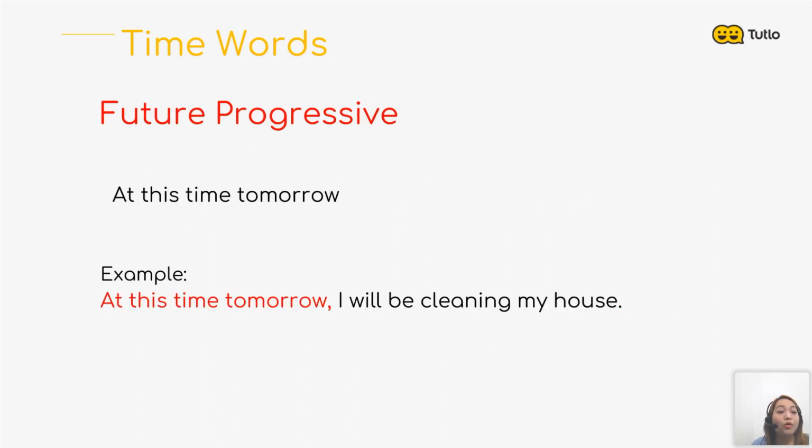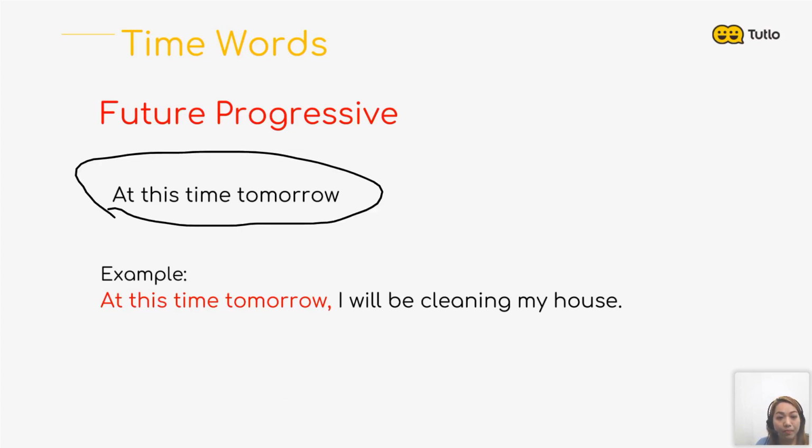Next, future progressive. Future progressive, it is like at this time tomorrow. Yes, this is a phrase that you can use if you want to talk about future progressive in English. Again, when we say progressive, it is continuous. Future continuous, meaning you're talking about the future and you are referring to a specific event that is continuously happening at that time.